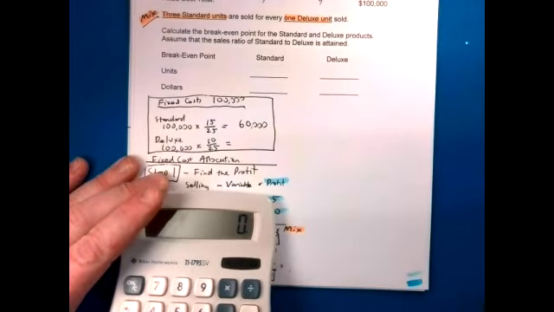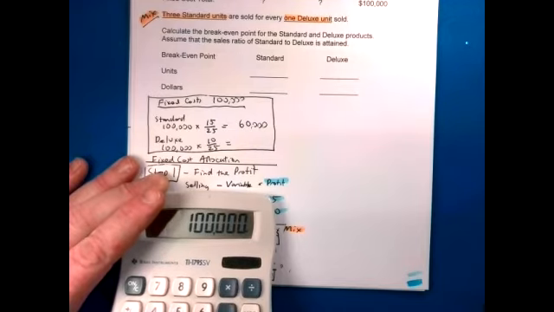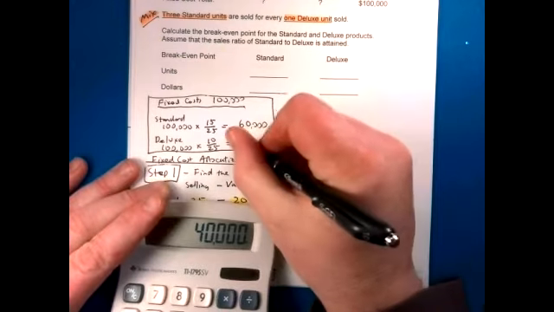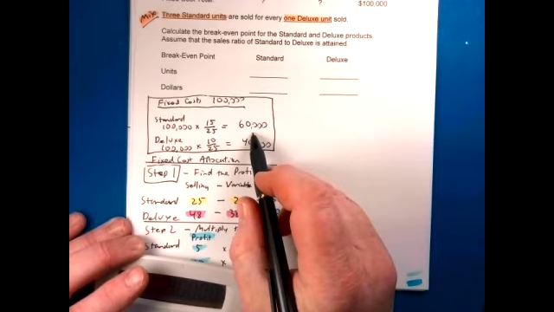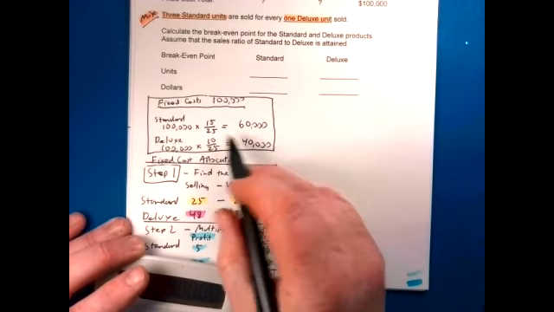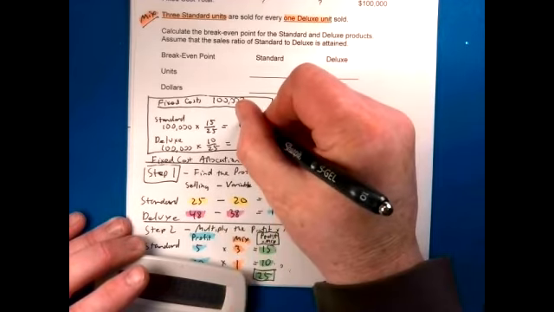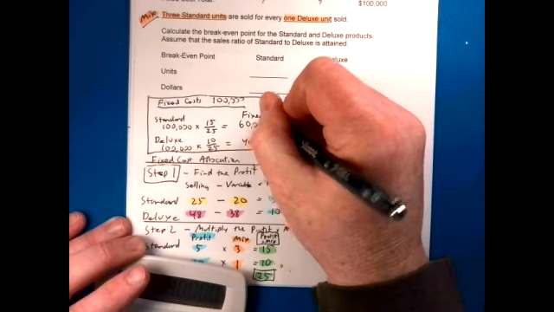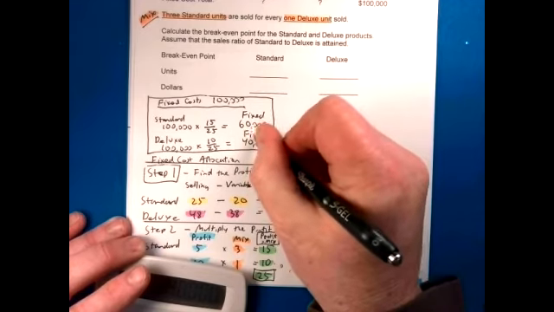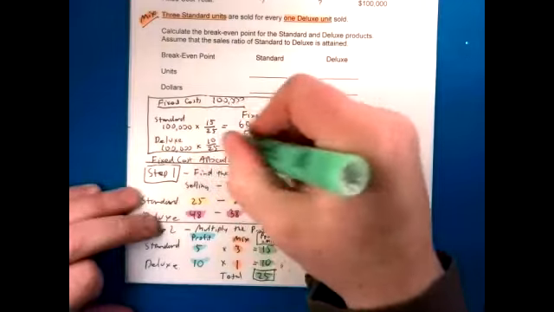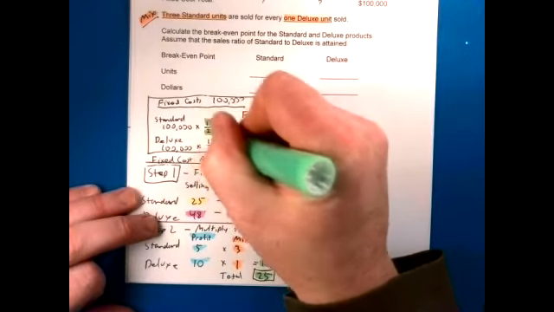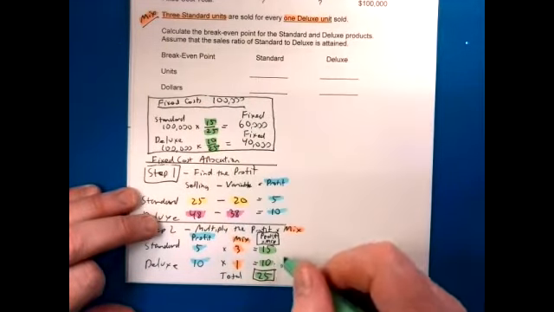And you do the same thing for the deluxe. Now, quite honestly, if you knew that 60 was for the standard, you'd know the other. So these are going to be the fixed costs for the standard. This will be the fixed cost for the deluxe.